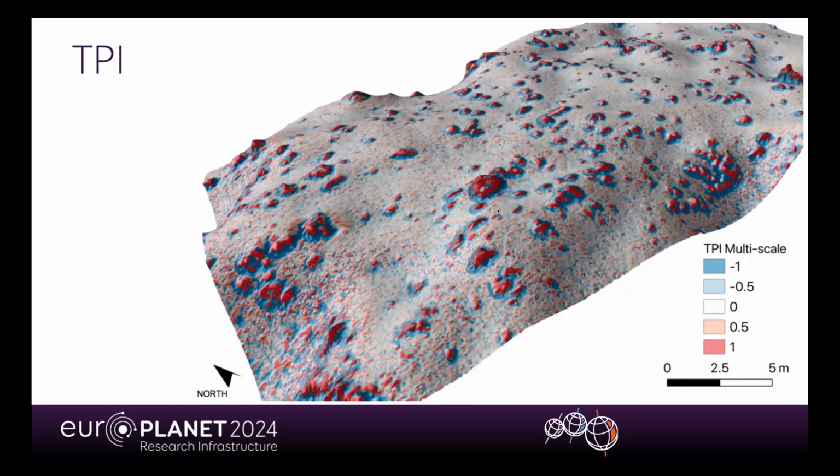Yes, this is an example of a TPI. So again, what is higher than the average topography, what is lower. So it's kind of similar to the profile curvature, but not exactly the same. At local scale, they look similar.